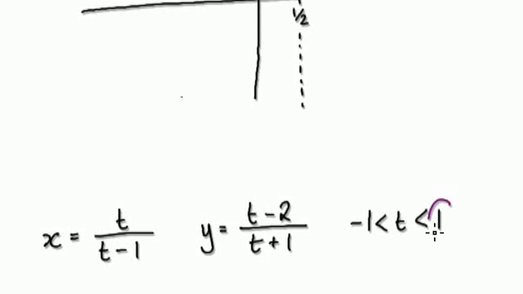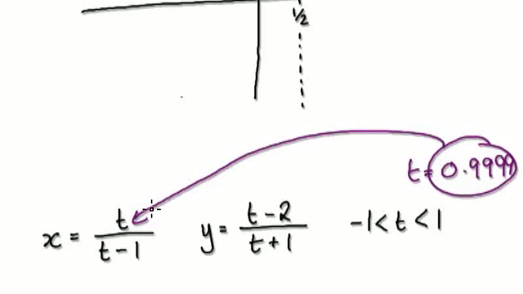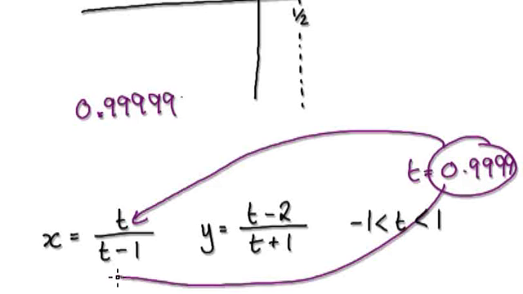What happens when time is, well, let's select time to be 0.9999. So let's put this into here. So that will be 0.999999, and then put this into here. And then you've got very, very close to 1.